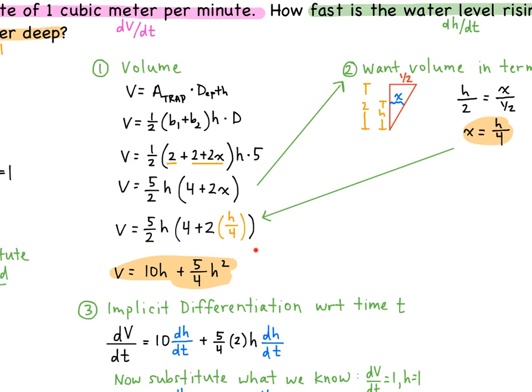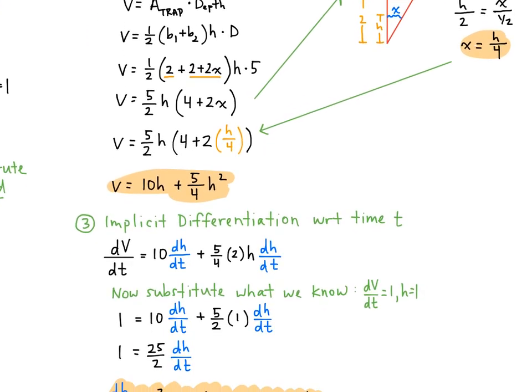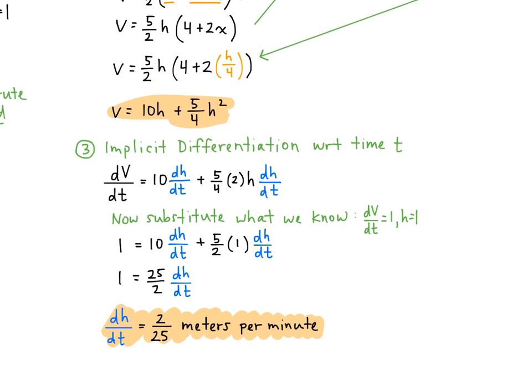So now we can clean up our volume, and now we're going to differentiate because we want to know dH/dt. We're going to use implicit differentiation with respect to time. Now, I don't see any t there. That's why we have to use implicit differentiation.